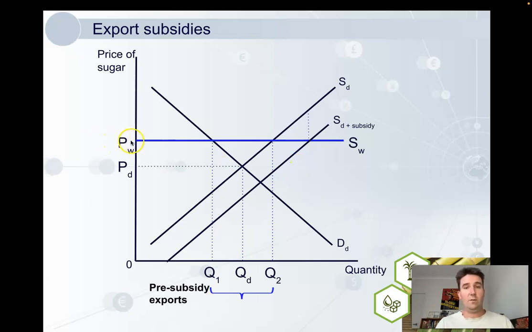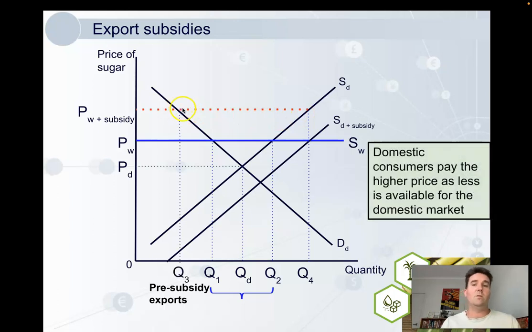So effectively they receive PW plus subsidy, right? Makes sense. At this higher price, they are now incentivized to produce more. At this higher price, they're willing to make Q4, while domestic consumers at that higher price only want Q3.